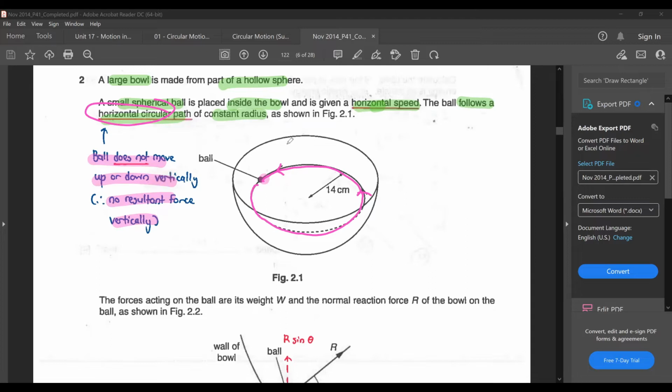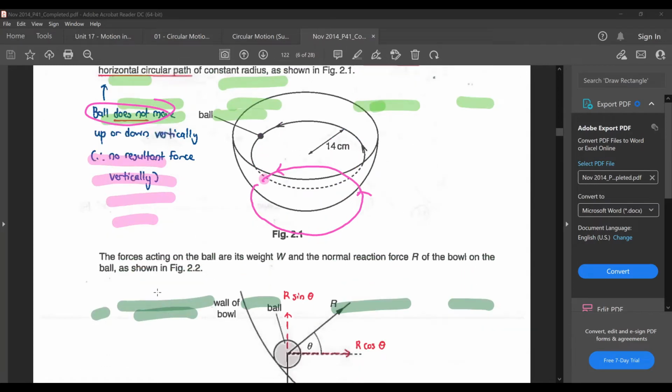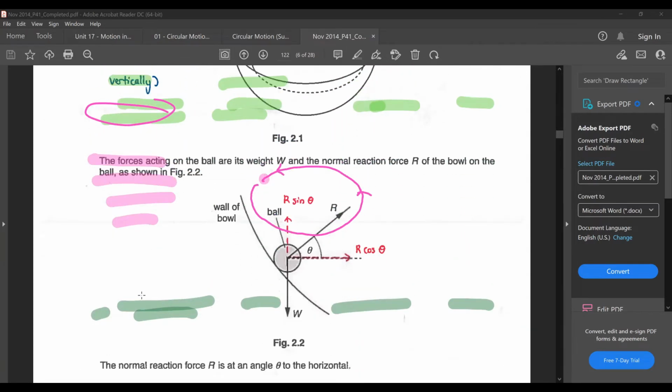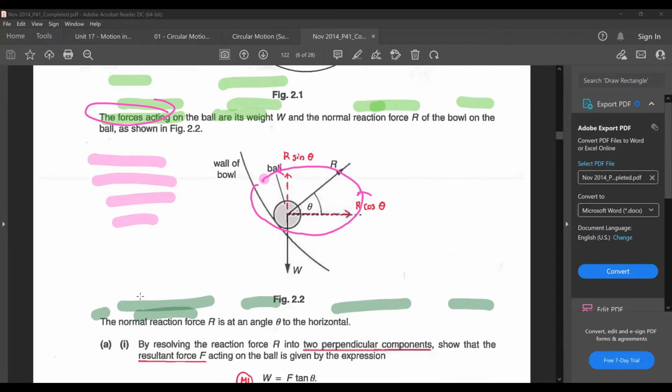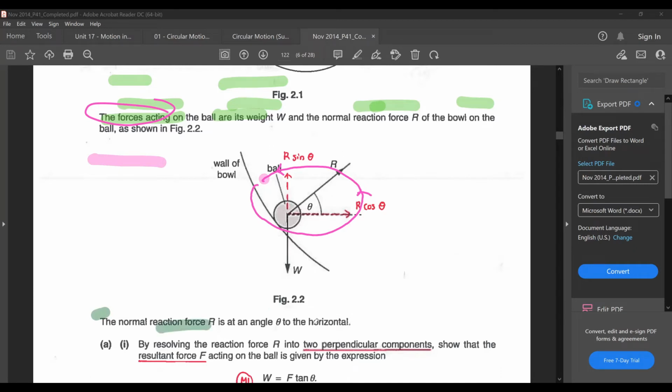Now the next part of the question mentioned this. The forces acting on the ball are just its weight, W, and the normal reaction force R of the bowl on the ball, as shown in figure 2.2. The normal reaction force R is at an angle theta to the horizontal.